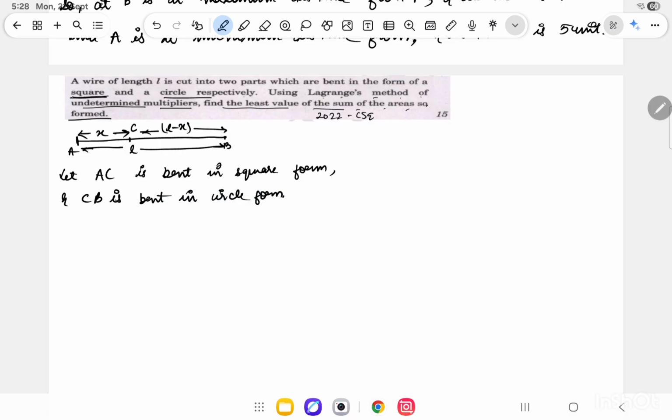So if AC is bent in square form, then let us assume that y is the length of the side of the square. Then perimeter of square will be 4 times y, and that must be equal to the length x. Likewise here, perimeter of circle, if we assume r to be the radius of circle, then perimeter will be 2 pi r, and this must be equal to length L minus x.